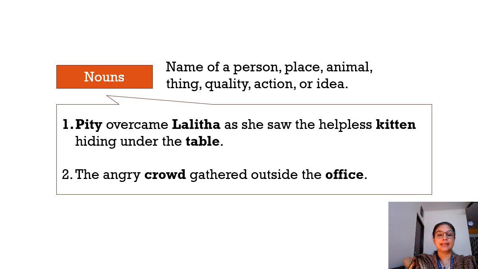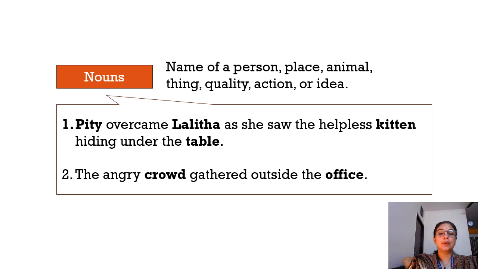Let's look at these sentences. The first sentence: pity overcame Lalita as she saw the helpless kitten hiding under the table. Now in this sentence, pity, Lalita, kitten, and table are all nouns.